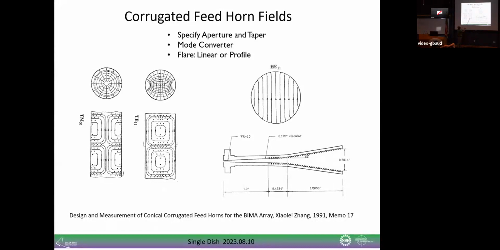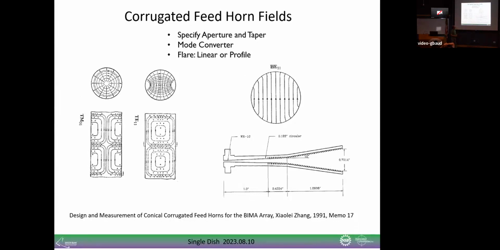You need TE11 and TM01 to combine to give you a nice field pattern on the aperture. Having uniform field lines on the aperture is how you get a nice far field pattern that illuminates the dish.